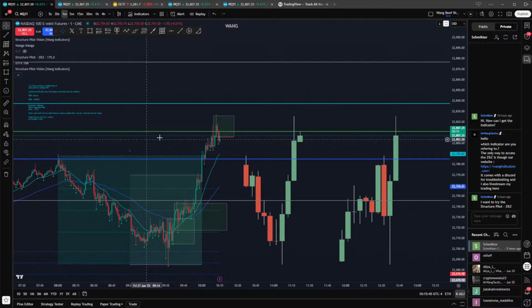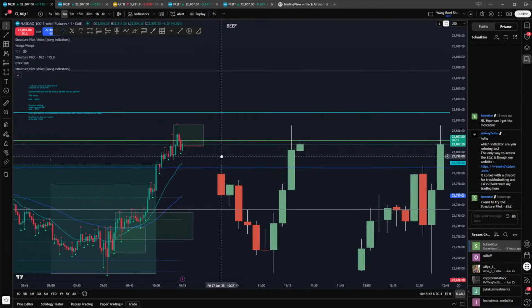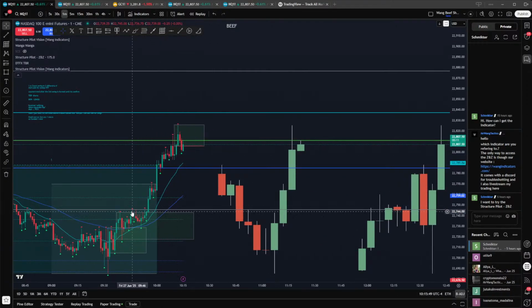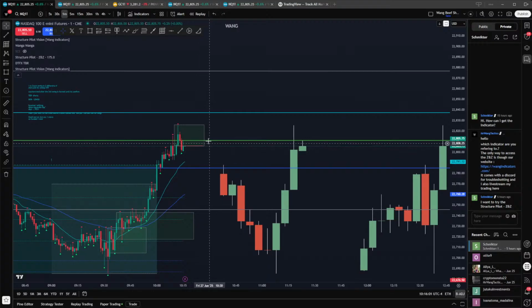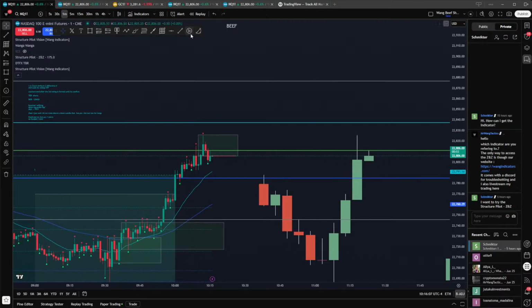For now, this closes in. And you can see it here too, those highs near each other.